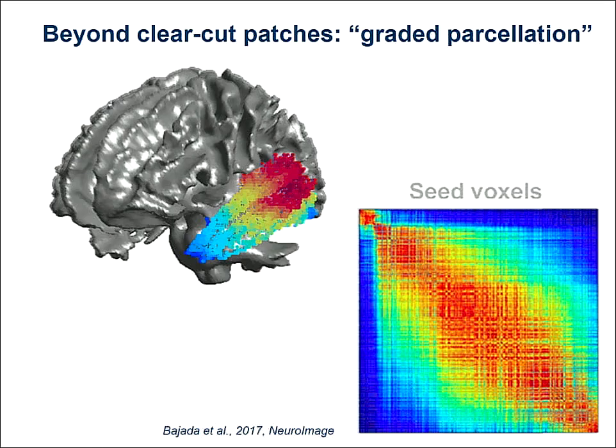So this is one of the new perspectives of brain parcellation, and I would say that it is more of a conceptual perspective, because it gives us an idea of how the lateral temporal lobe is organized based on connectivity.